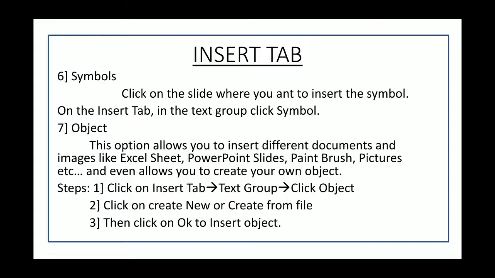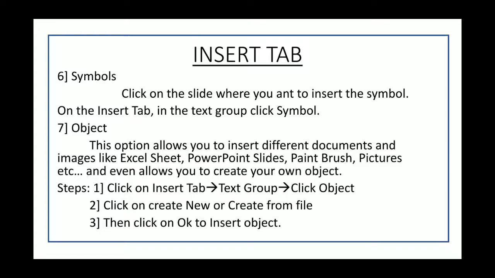One more option, create from file, means the file is already created, and you just have to insert it. You have to select the file, and it will be inserted into your PowerPoint presentation. Then click OK to insert the object. If you select create new, the new file will be displayed on the screen.